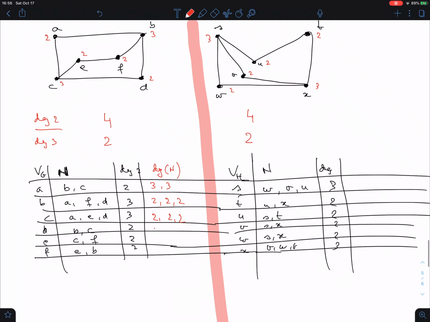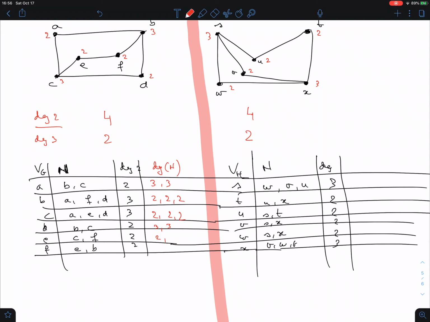B has degree 3 and C has degree 3. We already know that. Sorry, let me do this again.